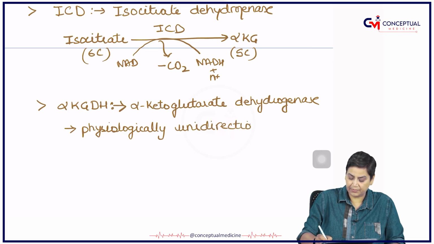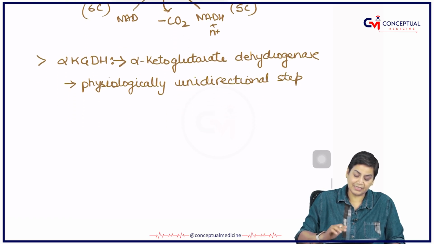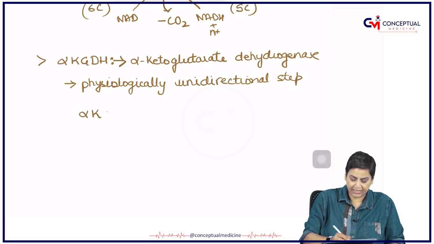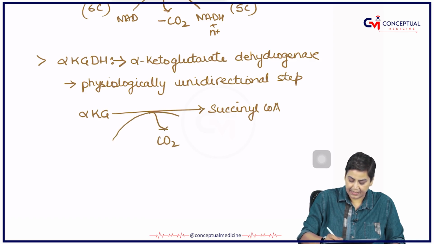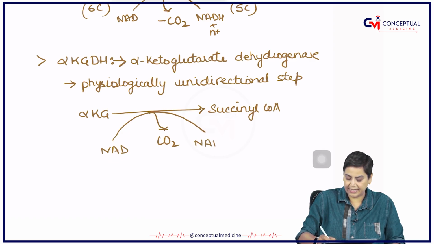Basically, what happens is another decarboxylation reaction occurs. So this is the reaction. Alpha-ketoglutarate will be converted into succinyl coenzyme A, giving out again carbon dioxide, and NAD is converted into NADH plus H positive.